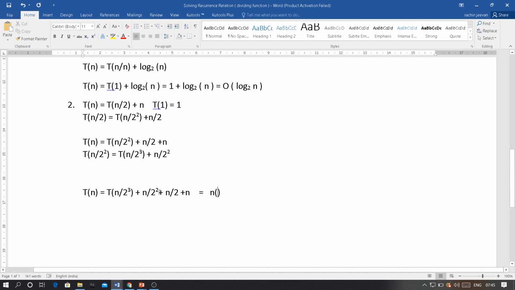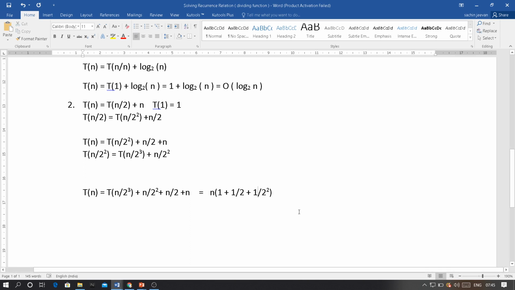Inside, this n has only 1, so n of 1 plus, and here except n we have 1 divided by 2, so 1 plus 1 divided by 2 plus, and if n is taken outside, this becomes 1 divided by 2 power 2. So 1 plus 1 divided by 2 plus 1 divided by 2 square.